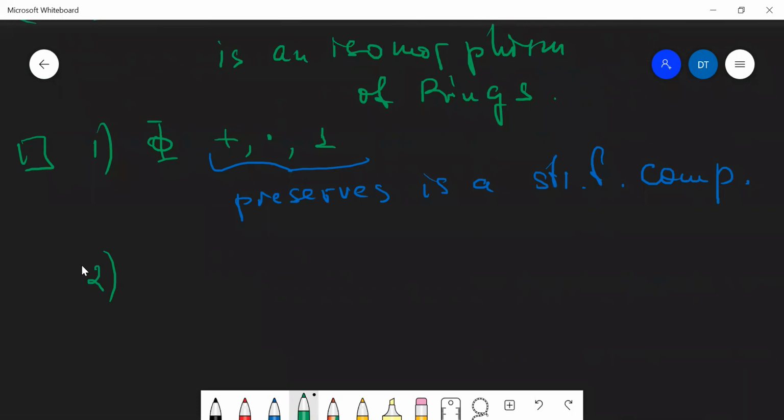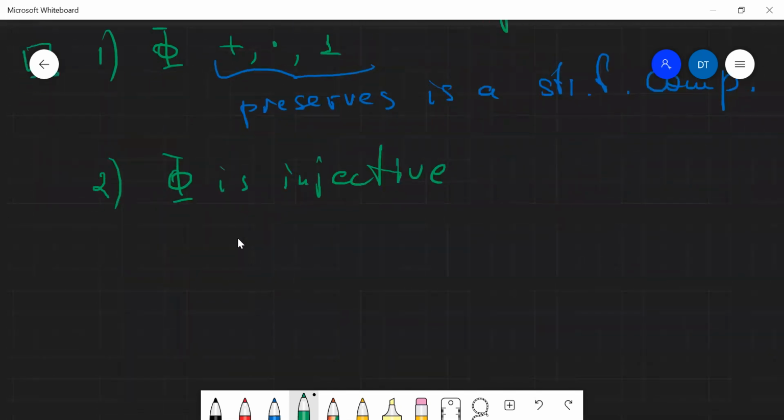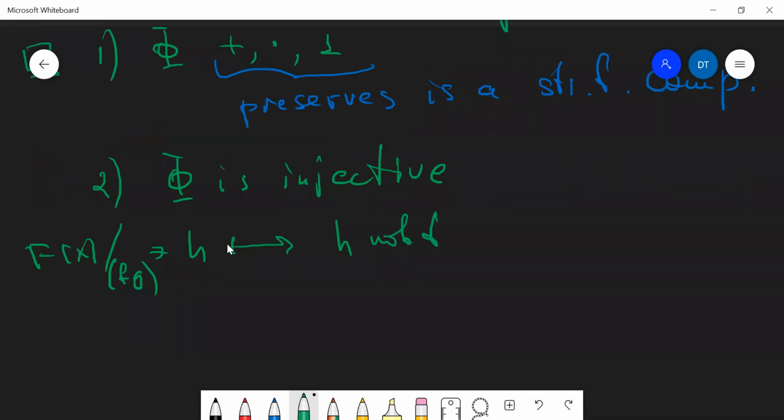Okay, the next thing we want to show is that the map is injective. So phi is injective. Let's take an arbitrary polynomial h here in F[x] quotient by FG. What does it mean? It means that h is a polynomial of degree strictly smaller than the degree of the product FG, and it goes to the pair (h modulo F, h modulo G).